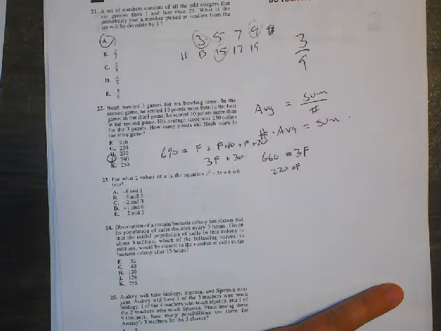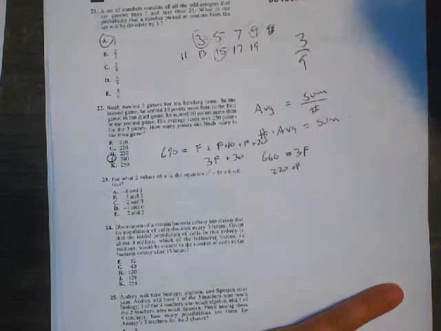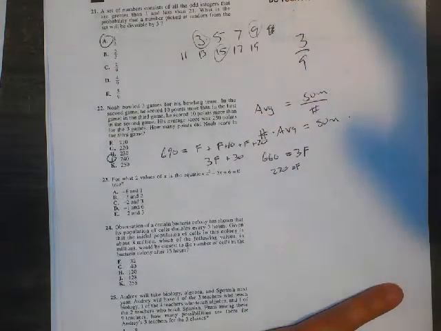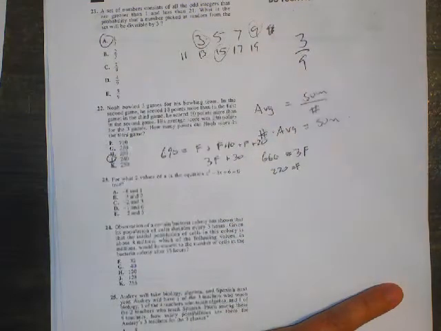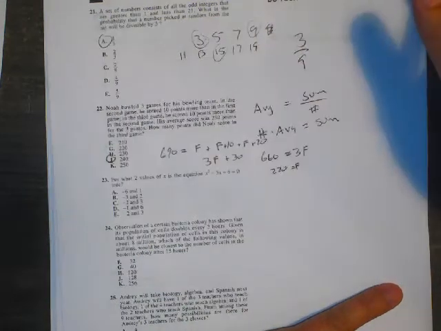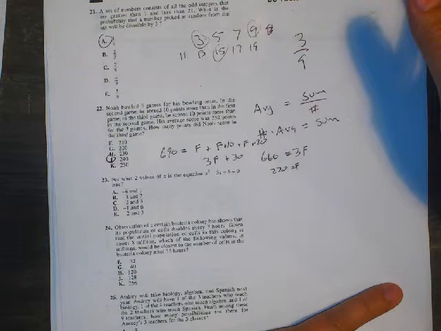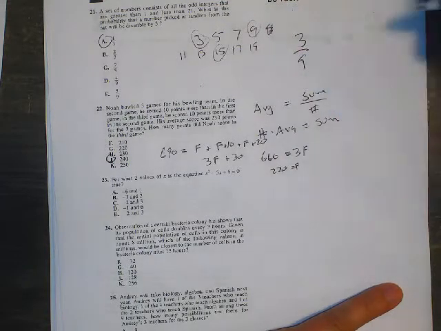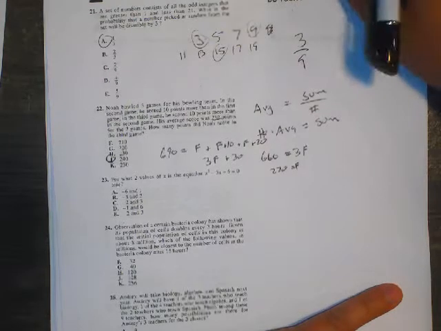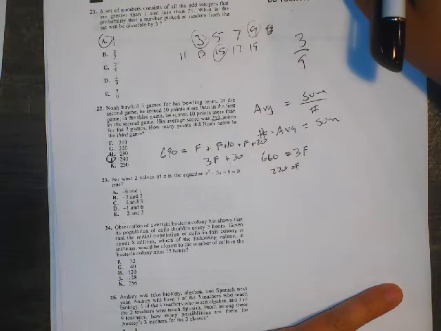J is the answer. A probably easier way is recognizing that anytime you have an arithmetic sequence where the numbers increase by the same amount each time, so they're increasing by 10 each time, then your average and your median are always going to be the same. Your mean and your median are always going to be the same.